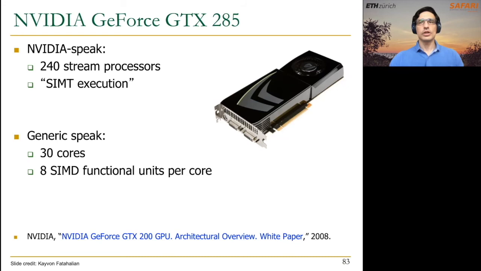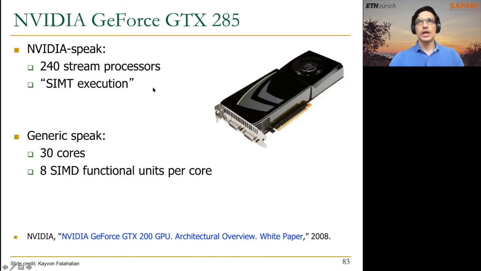This is a GPU that was launched in 2009, and it's actually relatively advanced in its family of GPUs. The first ones with this architecture were released 1 or 1.5 years earlier, and by that time, this GTX 285 was really powerful, including 240 stream processors.